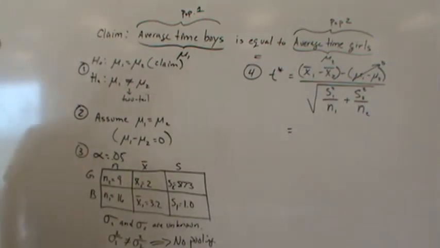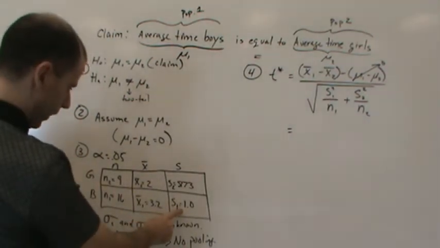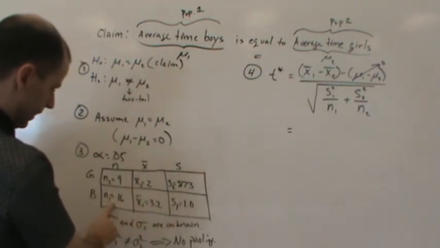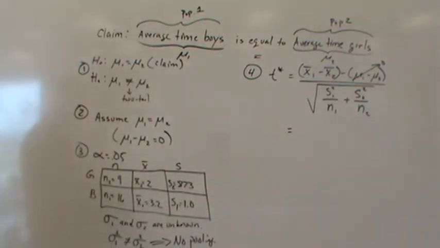Now I'm going to put in this squared over this n. So I'm going to do S1 squared over n1. So it's going to be 1 divided by 16 plus 0.873 squared divided by 9.